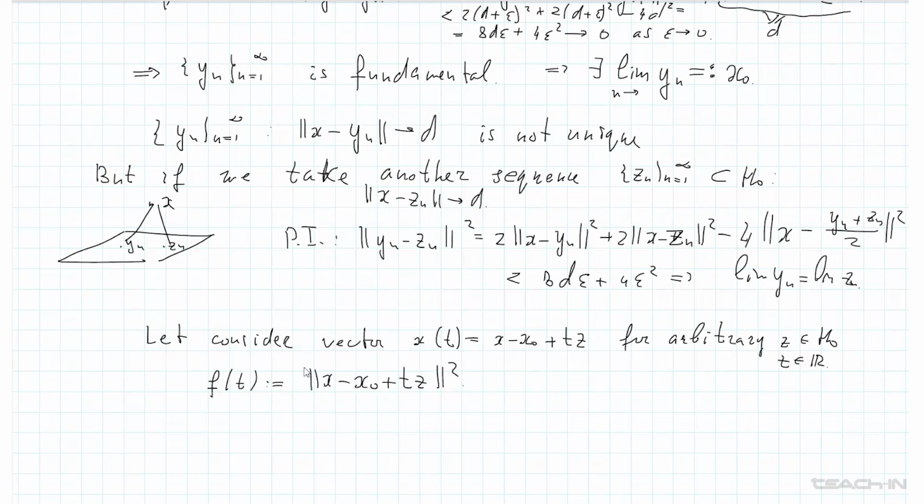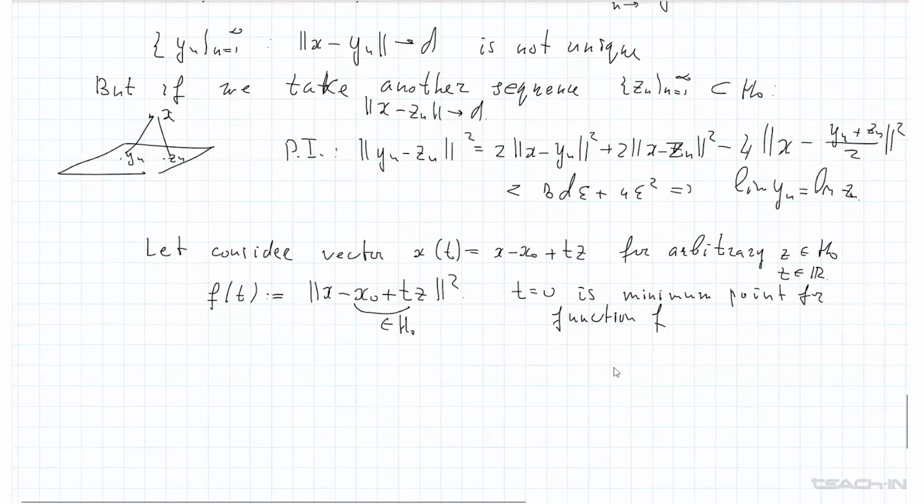And we know that t equals 0 is a minimum point for the function f, yes? Because it is some element from H0 and x0 gives us the shortest distance, the smallest distance.